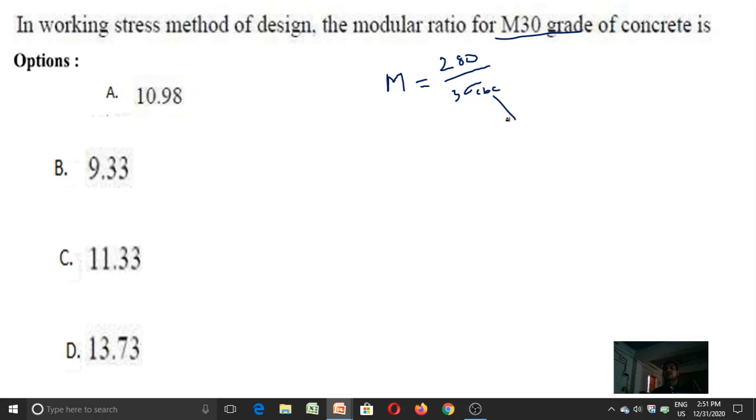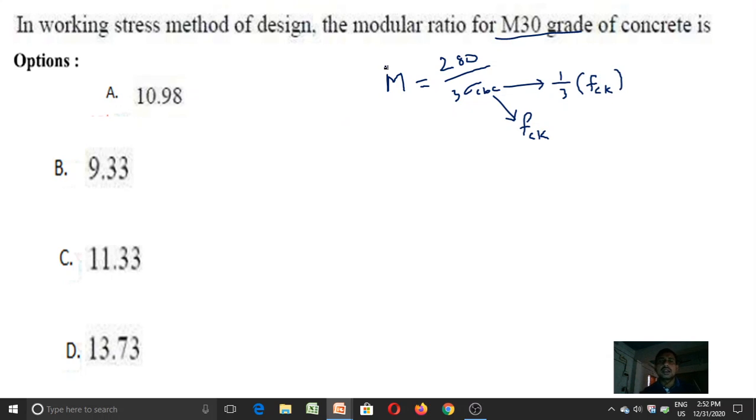This value depends upon the grade of concrete, or the characteristic compressive strength of concrete, fck. Generally sigma CBC is one third of fck.